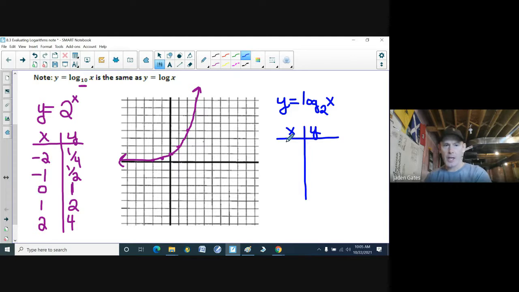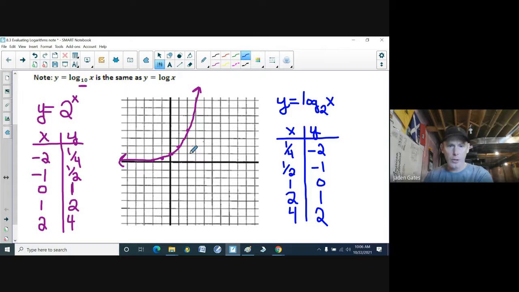So the first point will be x is 1/4 and the y value would be -2. The second point, I'd have 1/2, and the y value would be -1. Instead of 0, 1, I'd have 1, 0. Instead of 1, 2, 2, 1. And instead of 2, 4, 4, 2.